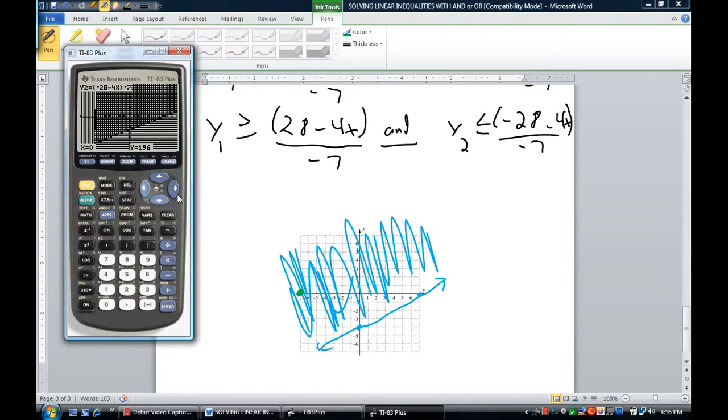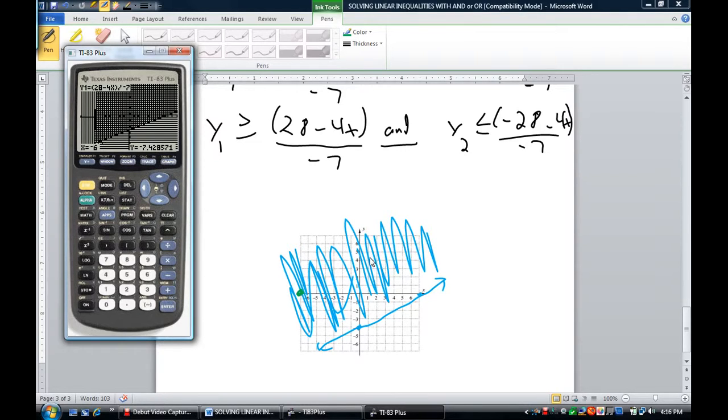I'm at y2. So if I type in like a 1, enter, get a number that's way too big. So what I'm going to do is I'm going to hit trace and find a number like -6. See if that's any closer. It's a little bit better.